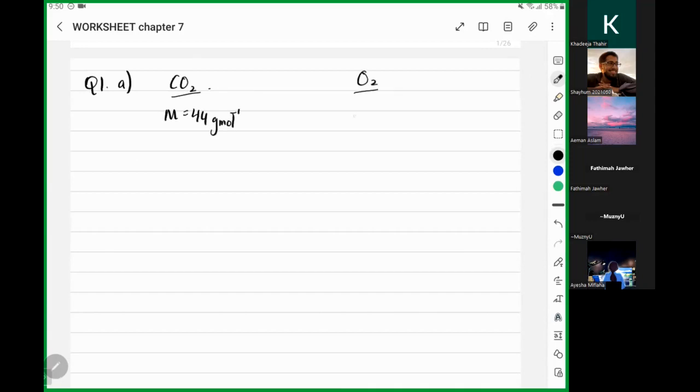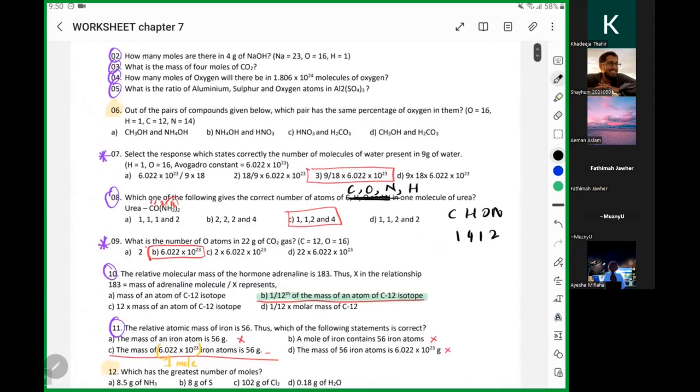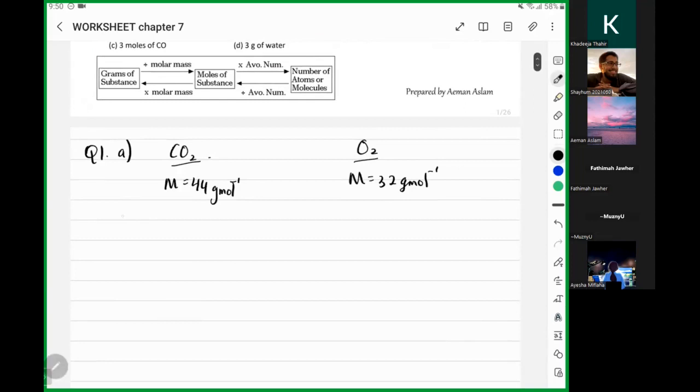Oxygen will be 32, 16 into 2, and if you know the relative molecular mass, the molar mass is the same. The mass here is 0.88, here it is 0.4. So n equals simple m over capital M.